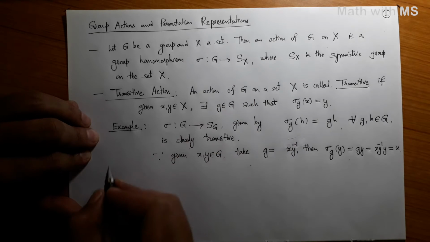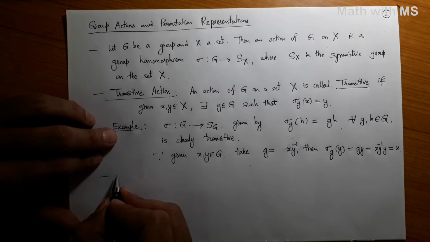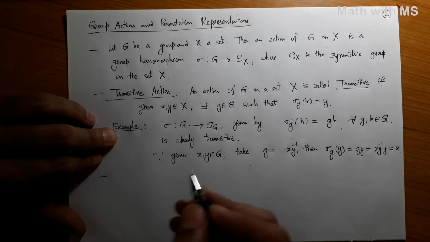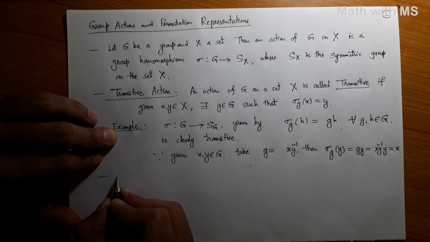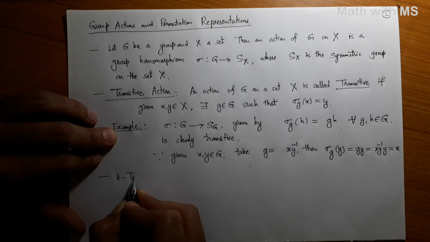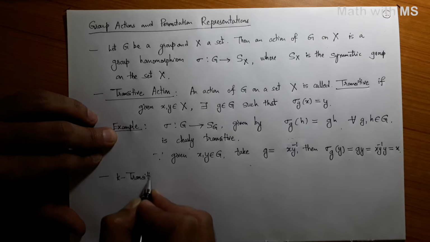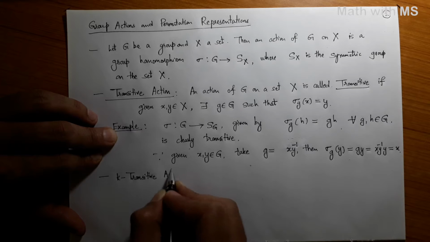We can extend this idea and talk about what we call a 2-transitive action, or in general a k-transitive action.